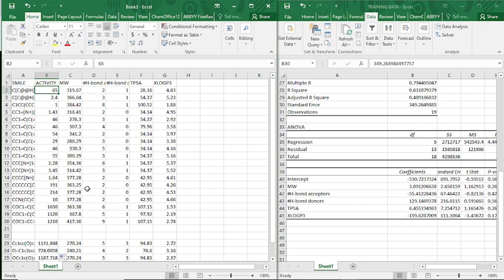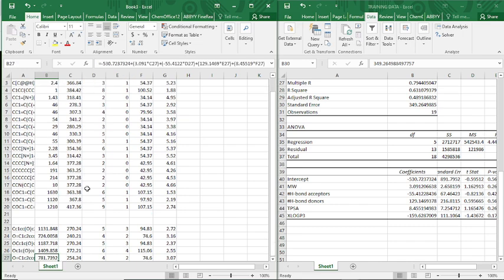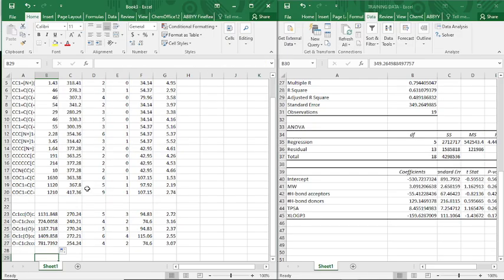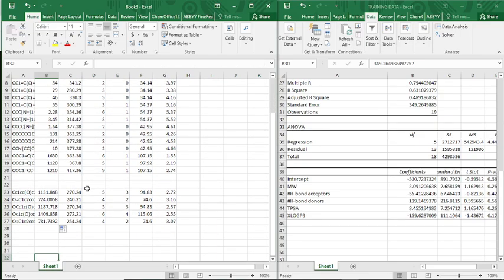So, we have been able to predict their biological activity, and now we can see the predicted biological activity of our test data, but this is just for training.